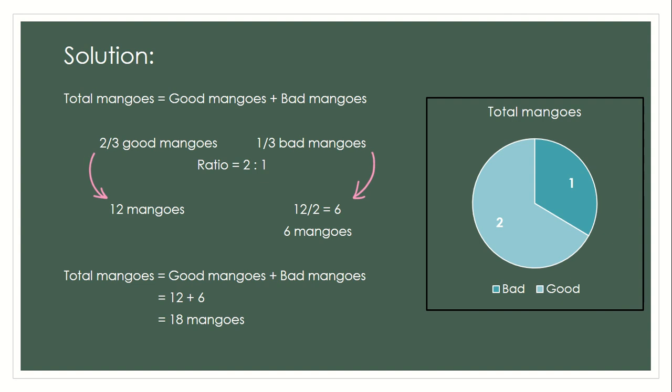If 2 parts of the mangoes is 12, then 1 part is 12 divided by 2, which is 6. So there are 6 bad mangoes. The total mangoes in the basket is the sum of good and bad mangoes. So 12 good mangoes added to 6 bad mangoes gives 18 mangoes.